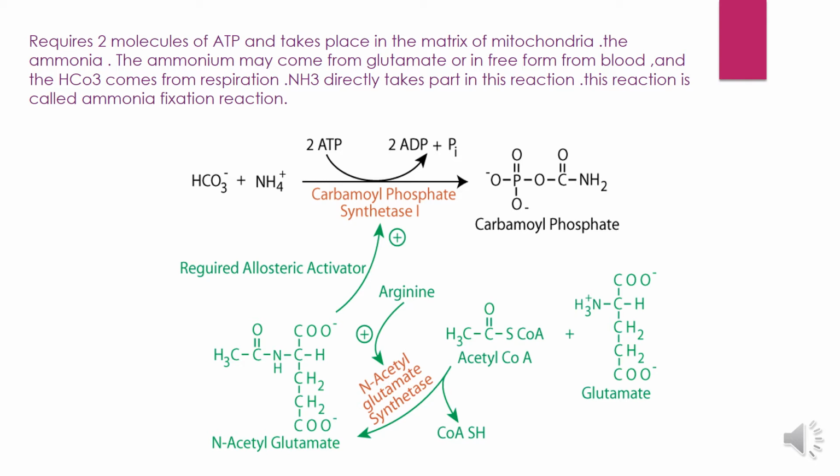The ammonium may come from glutamate or in free form from blood, and HCO3 comes from respiration. NH3 directly takes part in this reaction, which is called the ammonia fixation reaction. In this reaction, ammonia reacts with HCO3 and gives carbamoyl phosphate.